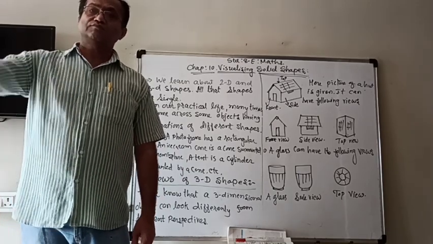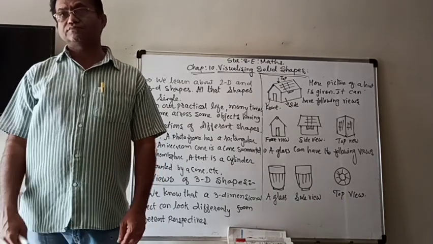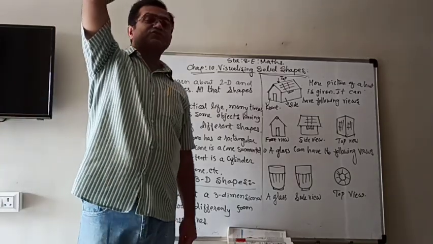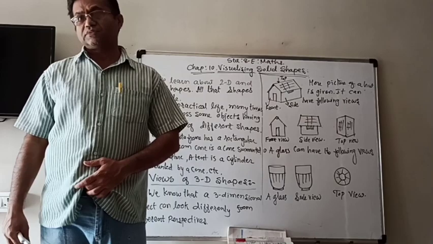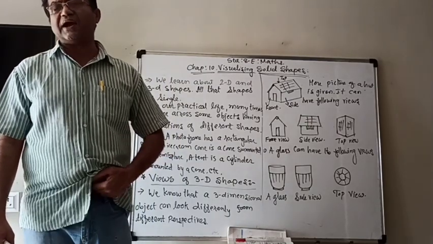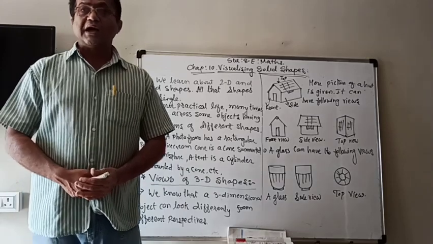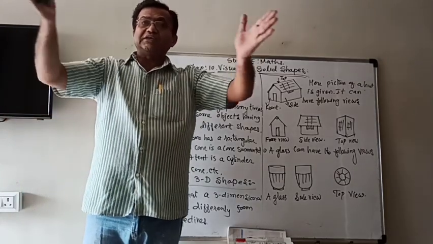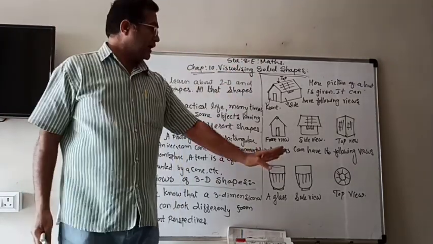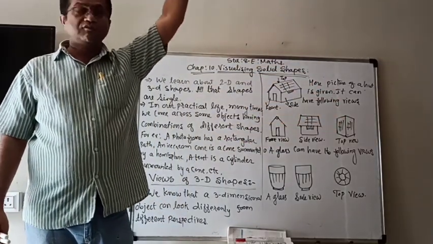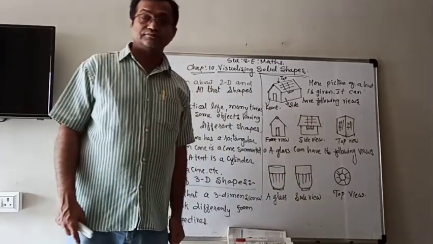But if I go up in a helicopter, or from a tall building next to it, and try to look at that hut, how will it look? I will be able to see only the roof, and that roof from the top will be visible like this.